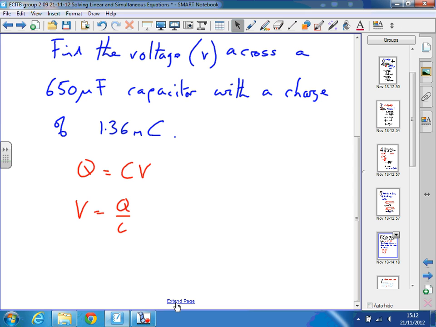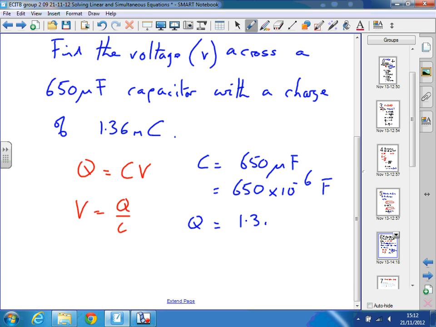Now I need the information. So I know that C is 650 microfarads. But I need to convert that to its base unit, which is 650 times 10 to the minus 6 farads, because micro is 10 to the minus 6. So I need to know that. And then I've been given the charge, and that's 1.3 millicoulombs, which is 1.3 times 10 to the minus 3 coulombs.